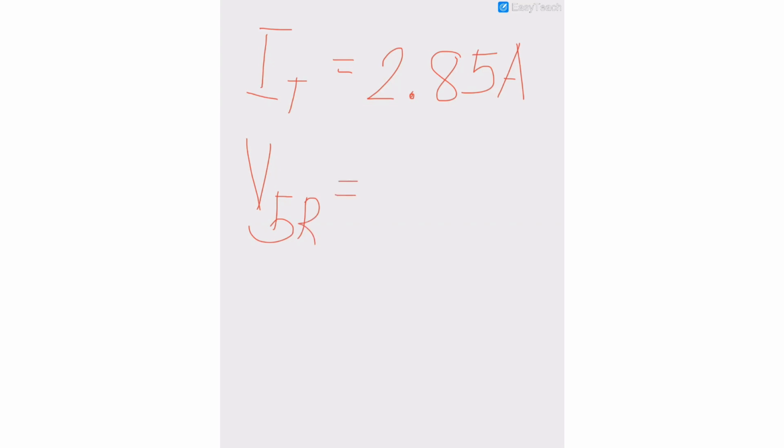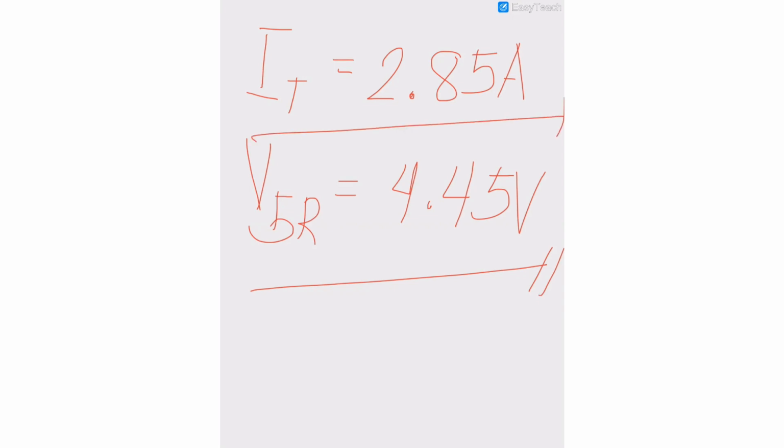Therefore, the answer is I total equals 2.85 amps, and the voltage across the 5 ohm resistor, which I labeled 5R, is 4.45 volts. That is the final answer.